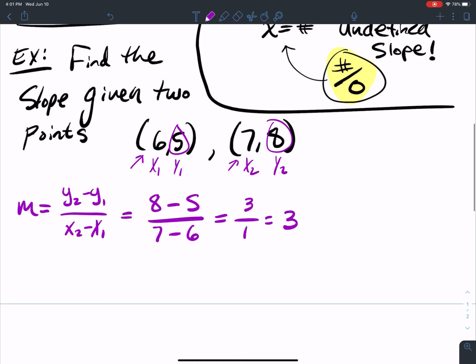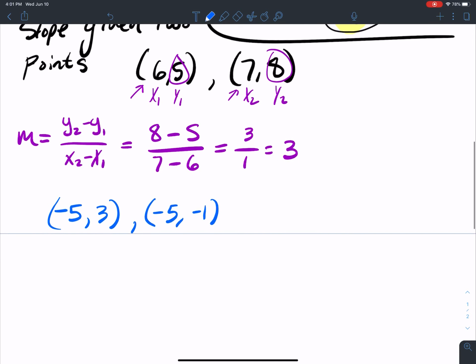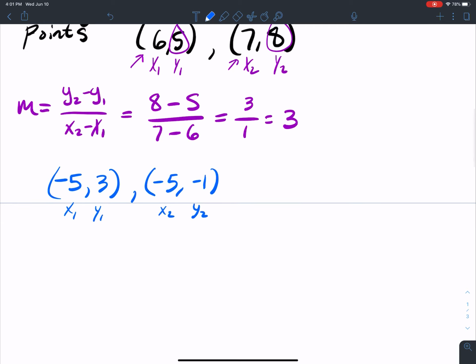All right, let's try another one. Negative 5, 3, and negative 5, negative 1. Okay? So that's x1, y1, x2, y2. So I want to find the slope between the two. So that's m equals y2 minus y1 over x2 minus x1.